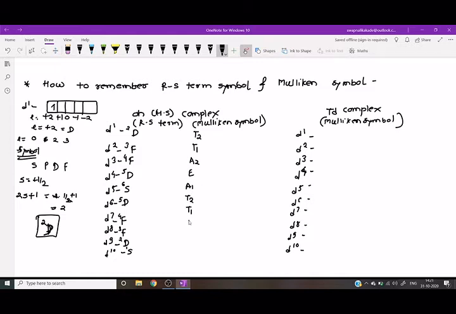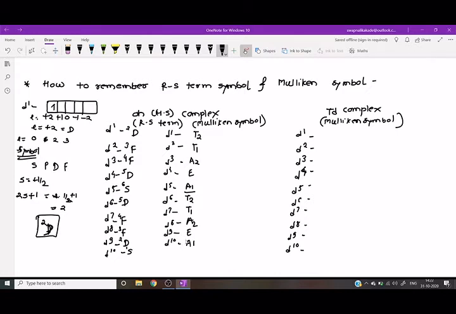Same, again write the same pattern T2 T1 A2 E A1, again T2 T1 A2 E A1, for D1, D2, D3, D4, D5, D6, D7, D8, D9, D10.